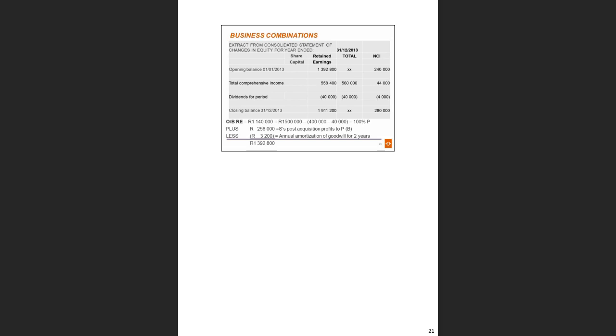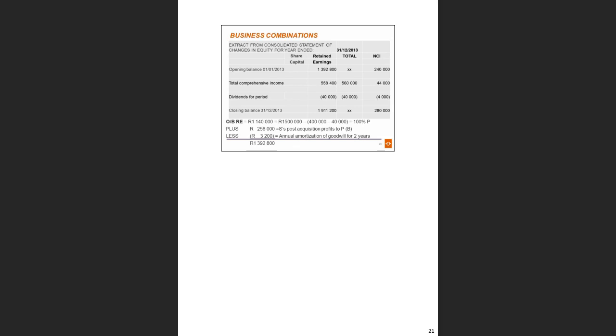The post-acquisition retained earnings is made up of current year profits and then that portion from acquisition date to the current year. Because we're calculating the opening balance, this will not include S's current year profits, because S's current year profits will be shown in the total comprehensive income down here.